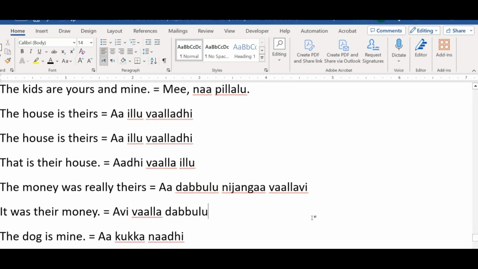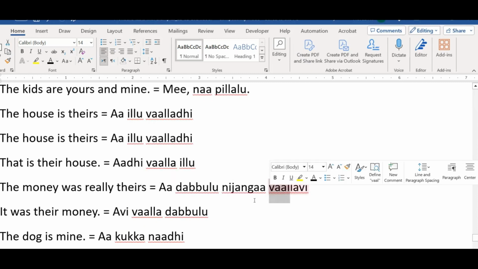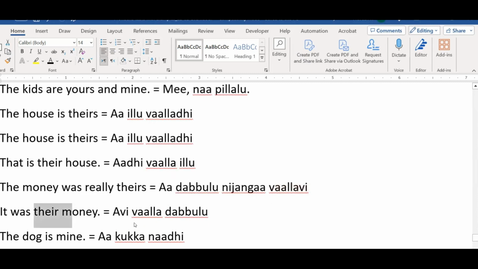Now look at the difference. Theirs means wallavi. When we say their money, it will be walla dabbulu. So before the noun, we will use walla.